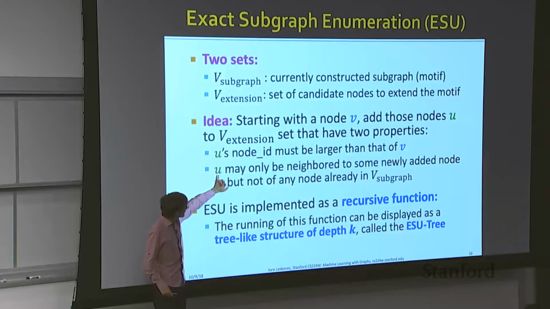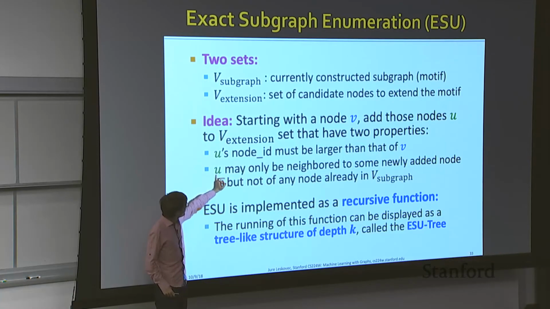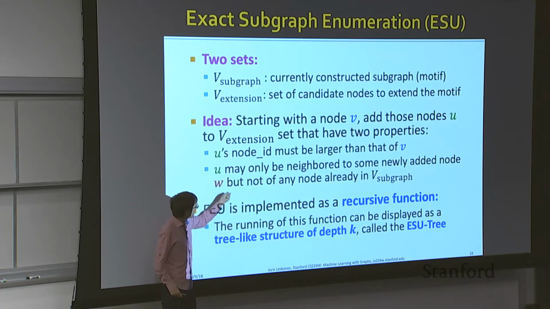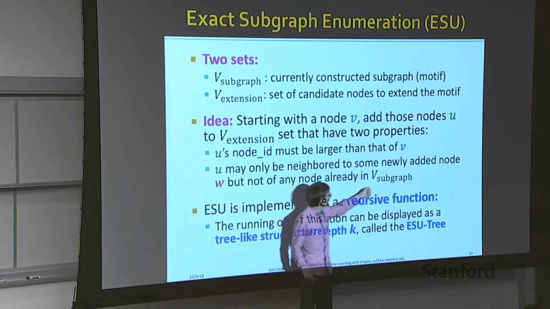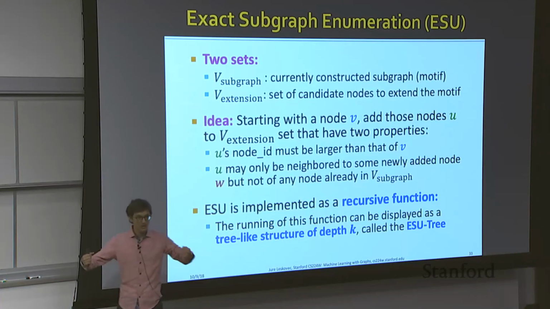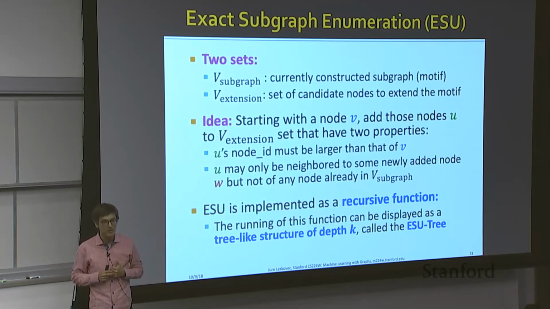And then the other thing will be that node U can only be a neighbor of some newly added node W but not of any node that is already in V subgraph, right? So we want to only extend the subgraph we have built so far.